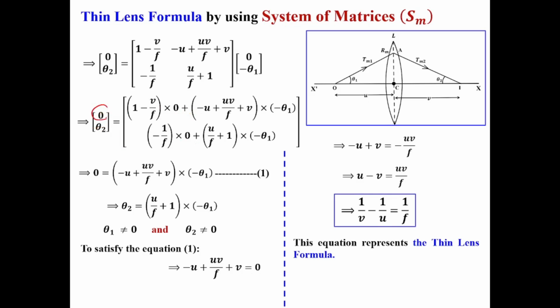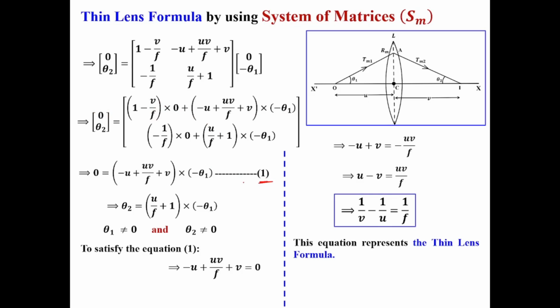Here 0 is equal to this value. This term will be 0 because it is multiplied with 0, and you just write these two terms: minus u plus uv by f plus v, into minus theta 1. Let this be equation number 1.